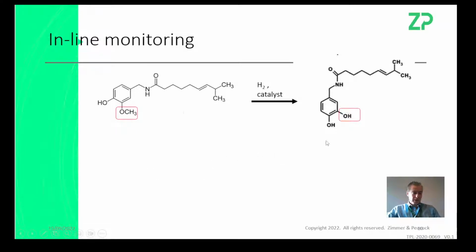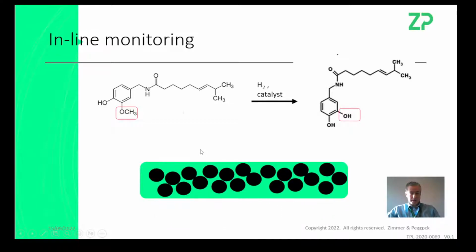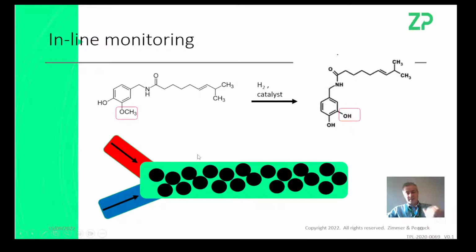Now, the process that I'm imagining is that you've got a packed column. This is a stainless steel tube in which you've got a heterogeneous catalyst. You've packed it with something that's proprietary to yourself, and you have two flow streams in. You have maybe a liquid stream here, and this could be liquid or gas, it doesn't super matter, but you have two flow streams.